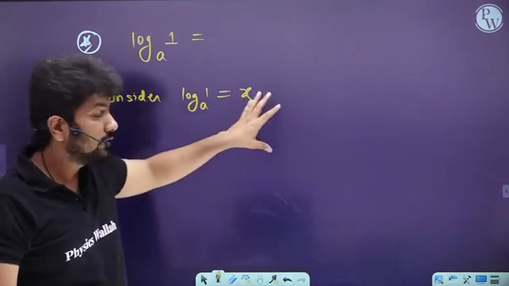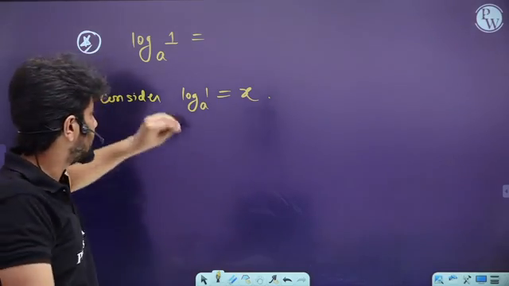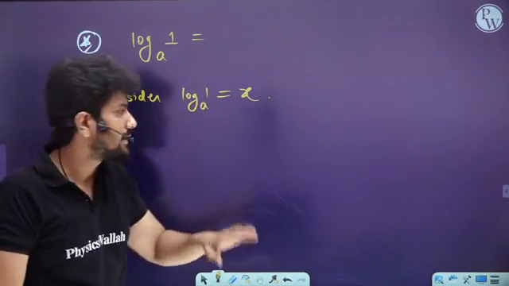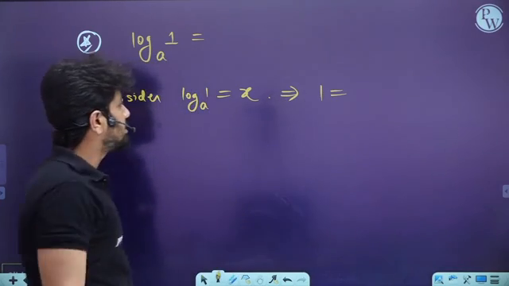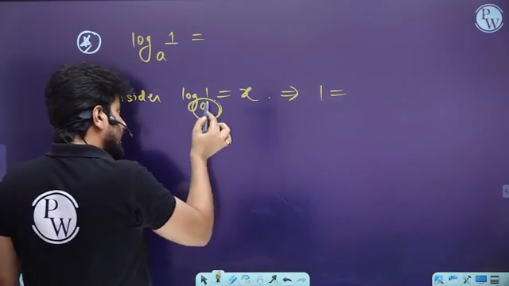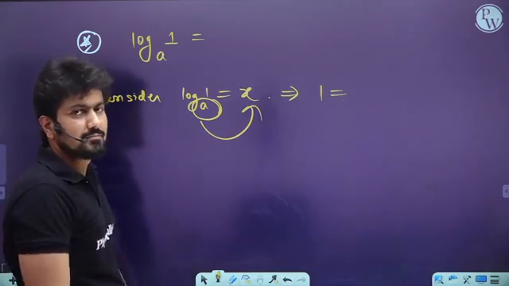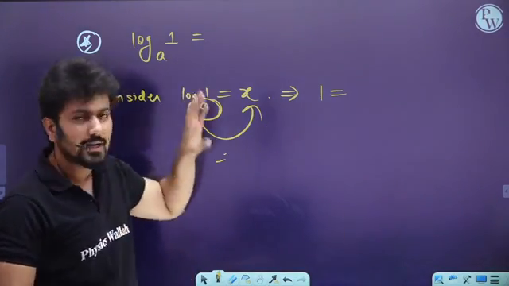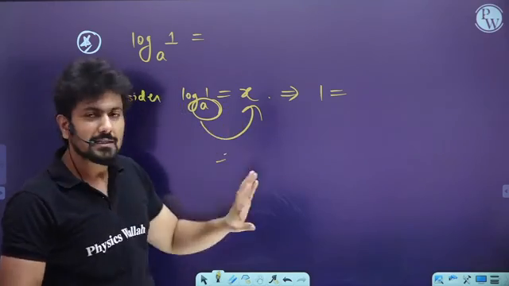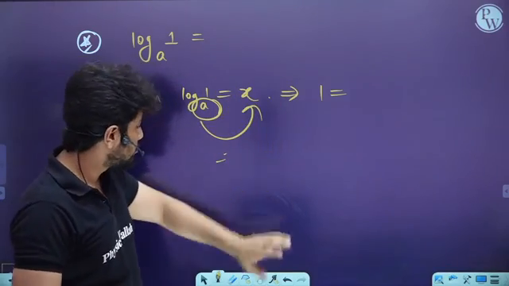We don't know the value, we want to find the value of x. If I convert this into the exponential form, this base a goes to the right hand side and acts as a Bahubali, right? Base is Bahubali. So a goes to the right hand side, a will raise this x to its power.